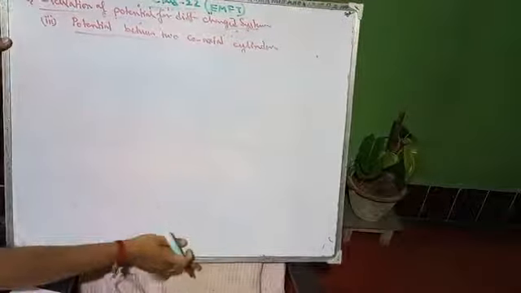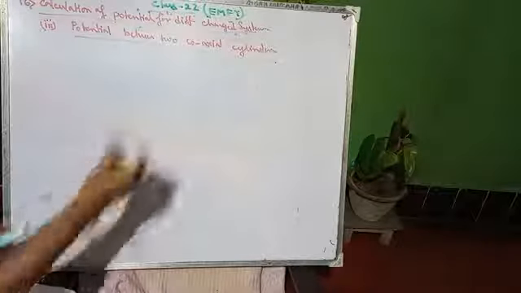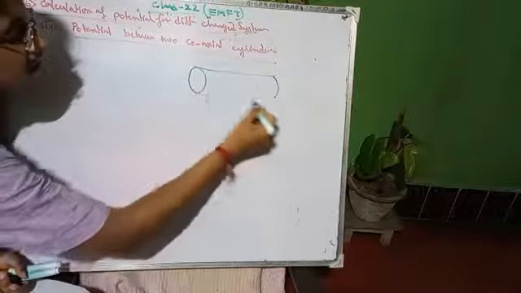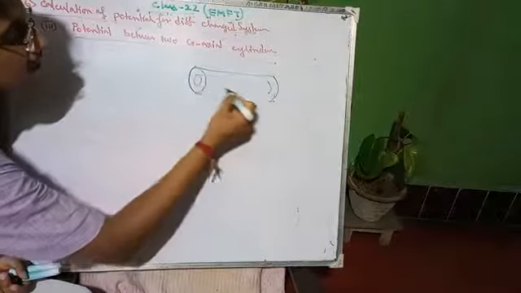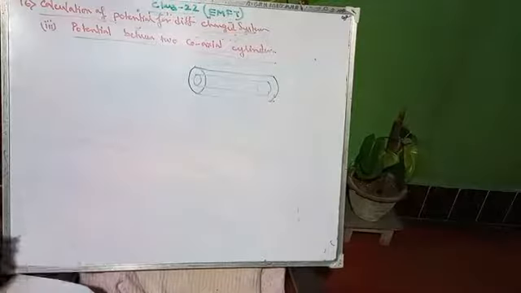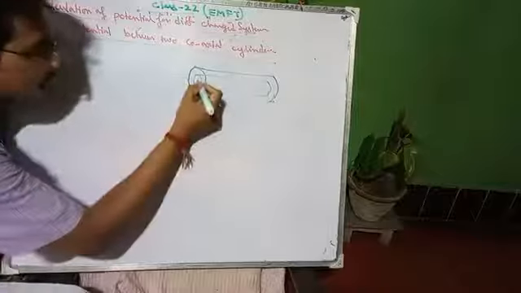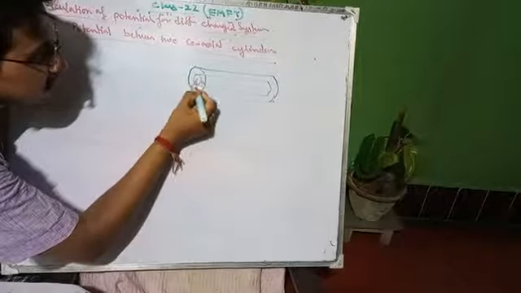That means you have to assume two cylinders. The first one looks like this, and the second one too. The first one has a radius small a, and the second one has a radius small b.